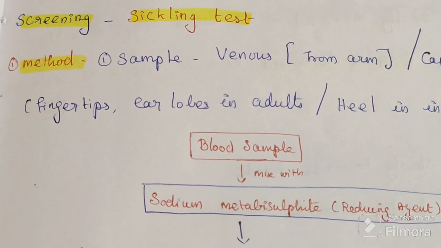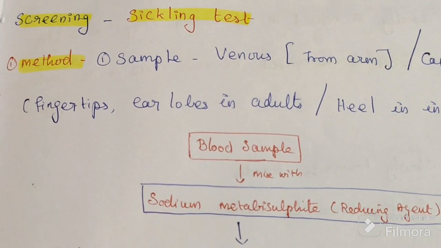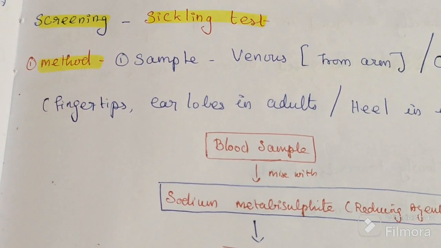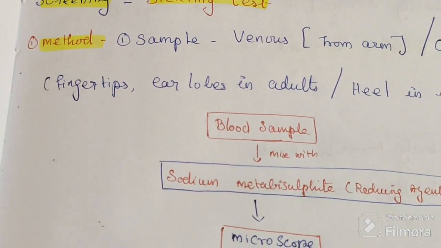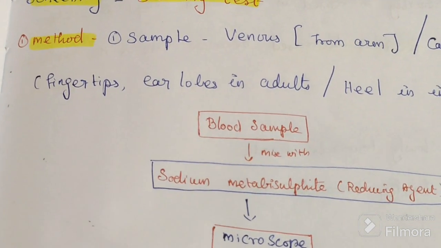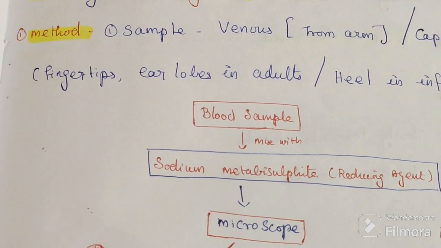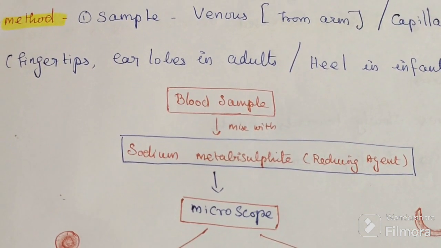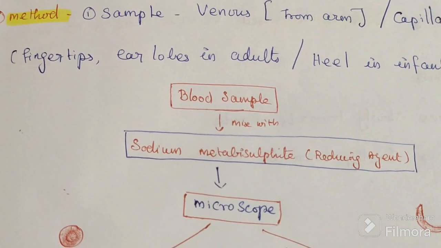Now if the person is normal and doesn't have sickle cell anemia, even in the deoxygenated state, the shape of RBC will remain circular only. The test is negative. But if the person has sickle cell anemia, on adding the reducing agent, it will create a deoxygenated state and undergo sickling.